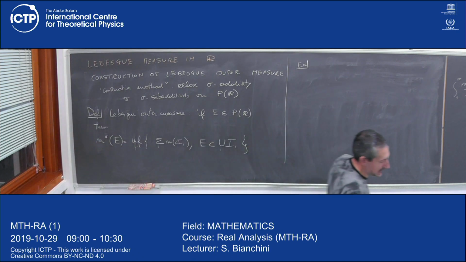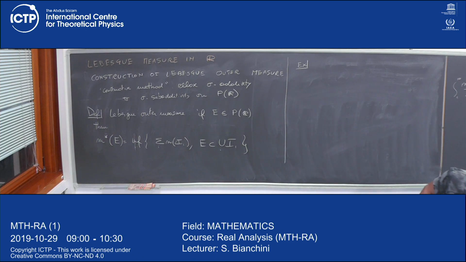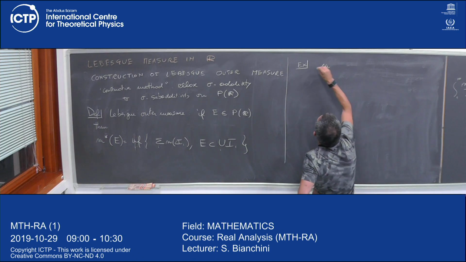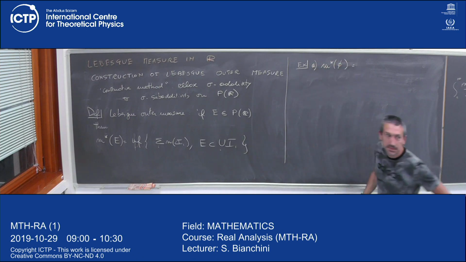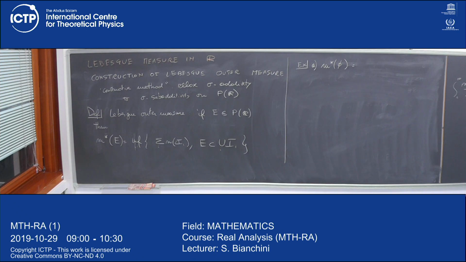Okay, so for example, what is the outer measure of the empty set? I know you know the theory. It's a big problem. I know that it is boring for you, I'm sorry. You have to do the problem. So it's 0. Why? I have to prove it.